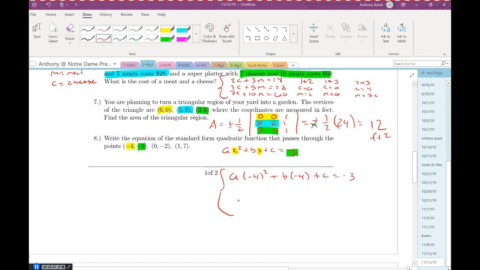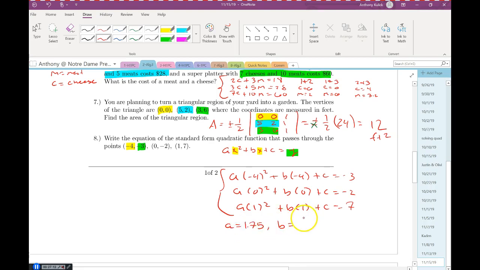And then I'm just going to do that 2 more times with the other 2 points. I'll type that into my calculator to solve the system.